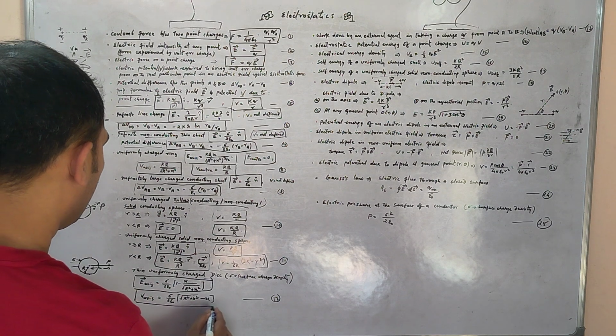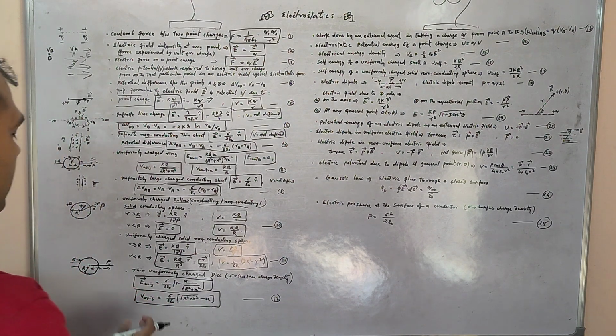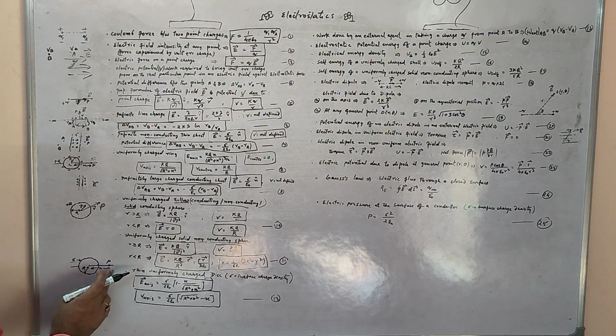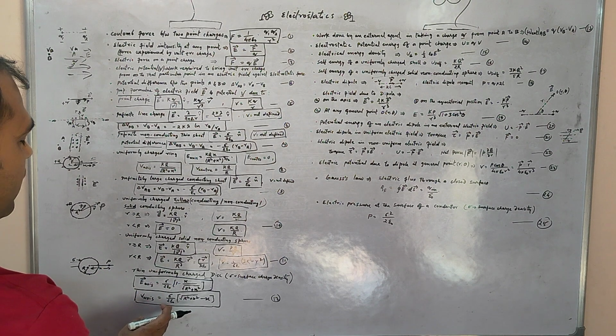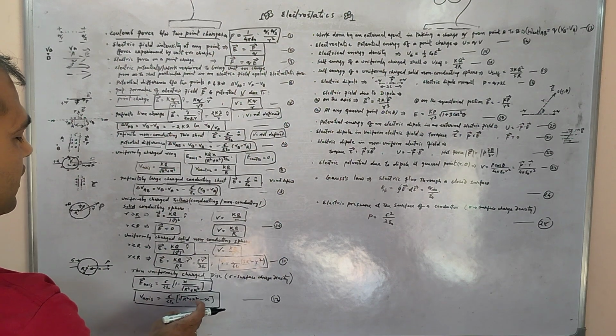And V, potential at this point P, will be given by sigma by 2 epsilon naught times (under root R square plus x square minus x).